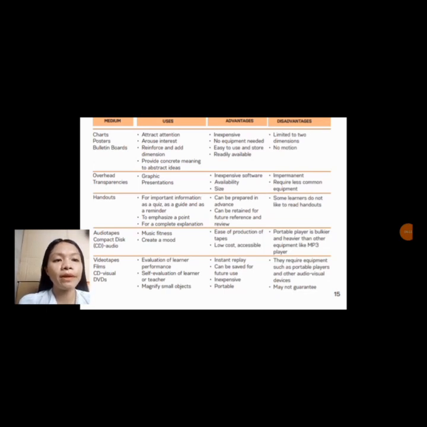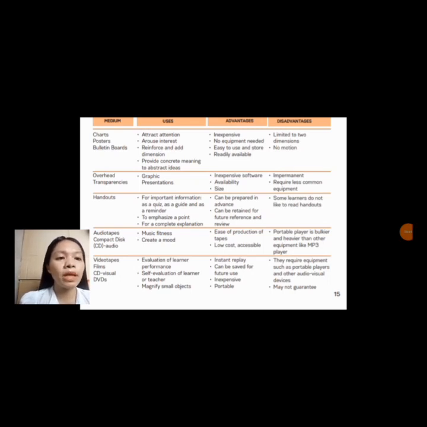Advantages: can be prepared in advance, can be retained for future reference and review. Disadvantages: some learners do not like to read handouts. Next is audio tapes, compact disc audio. Uses: music, fitness, create a mood. Advantages: ease of production of tapes, low cost, accessible.